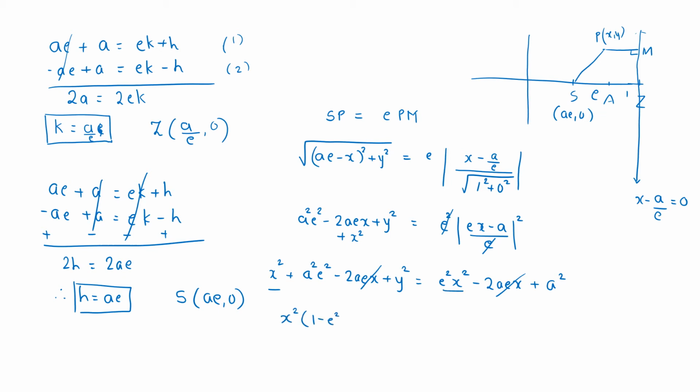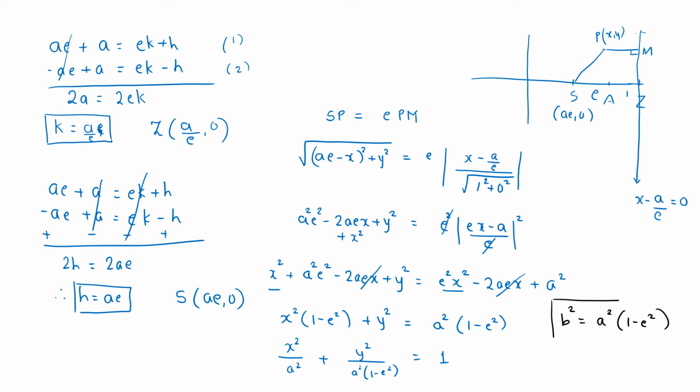1 माइनस e स्क्वायर x स्क्वायर प्लस y स्क्वायर इक्वल टू a स्क्वायर 1 माइनस e स्क्वायर. पूरे इक्वेशन को 1 माइनस e स्क्वायर से डिवाइड किया, x स्क्वायर अपॉन a स्क्वायर, y स्क्वायर अपॉन a स्क्वायर 1 माइनस e स्क्वायर is equal to 1. Now to make it simple, we assume that b square is nothing but a square 1 minus e square.